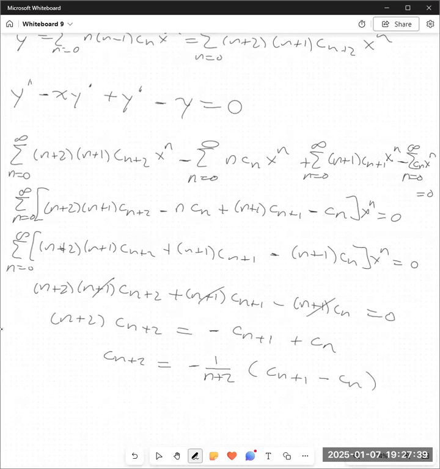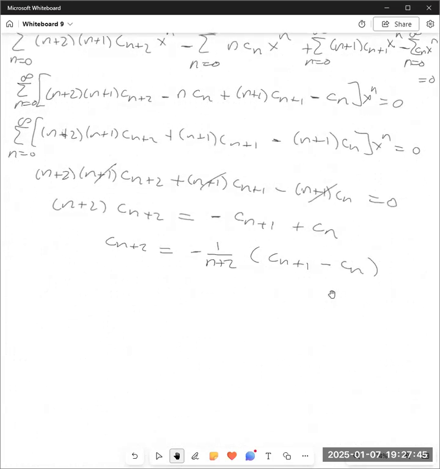Just factor the negative 1 out of this and put it as the fractional coefficient there. I think that probably looks and works better. So we need c0 and c1 defined outside of this equation when n equals 0. c2 is going to be negative 1/2 of c1 minus c0.